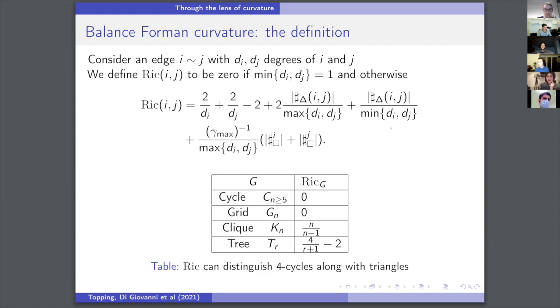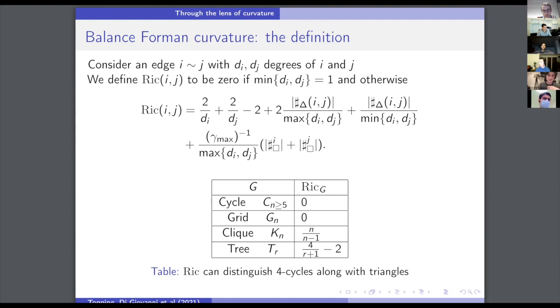The second answer is that Ollivier curvature, in the Bastian formulation, stops essentially at 5 cycles. That's the most it can distinguish for each edge. Thirdly, you want your curvature notion to be intrinsically local, so you don't want it to be too sensitive.